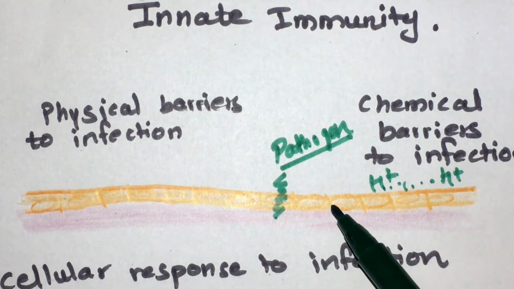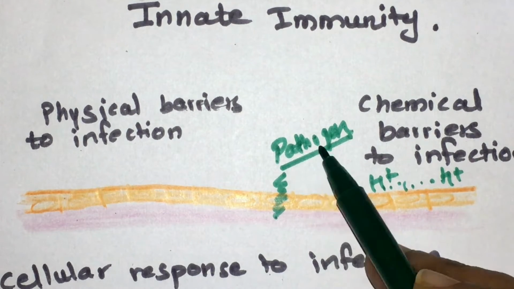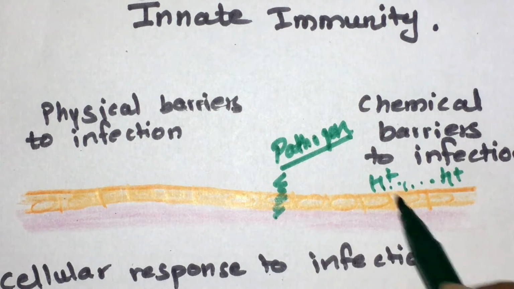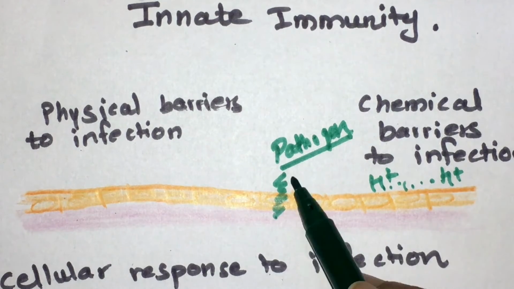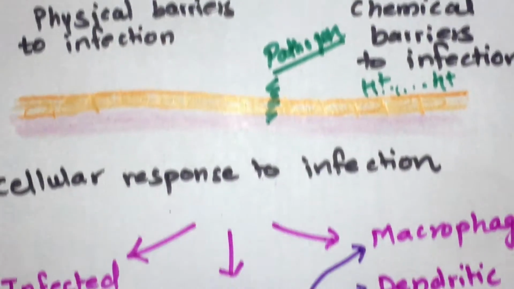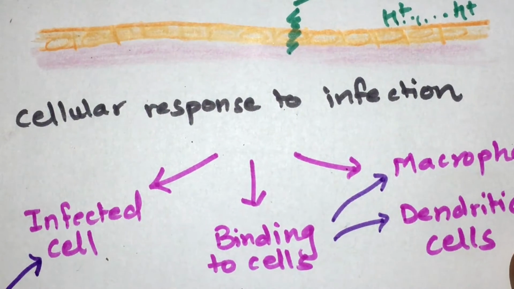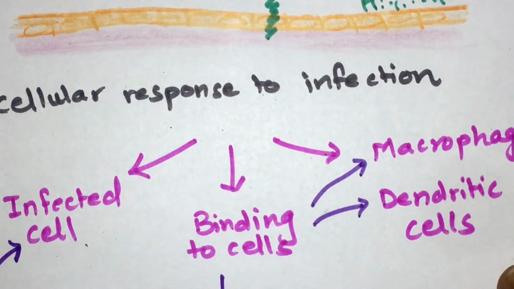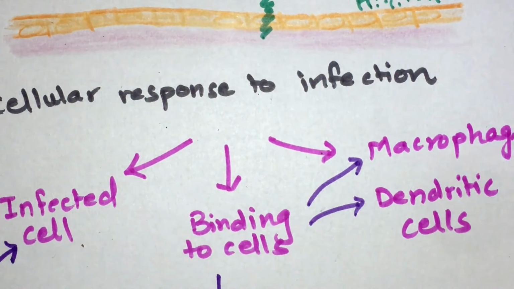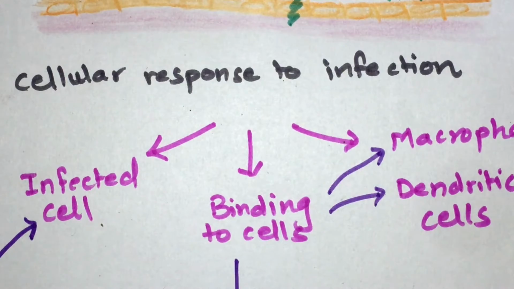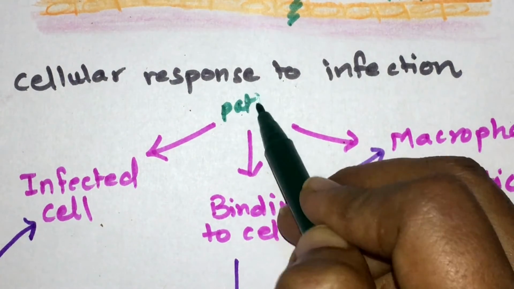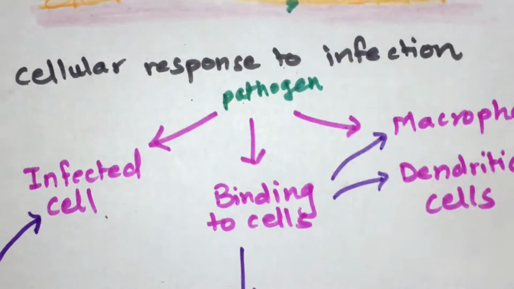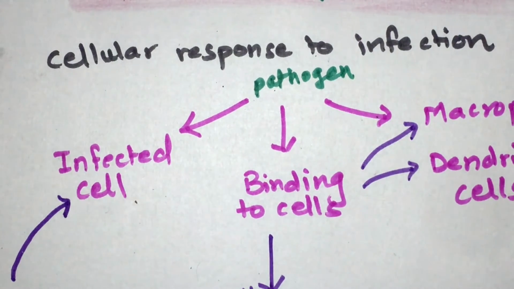If the pathogen is able to enter through the dermis and epidermis layer, then there is going to be a cellular response to the infection. So let us see what kind of cellular response can be there. So this is the pathogen. Let us see the first response that it can get.